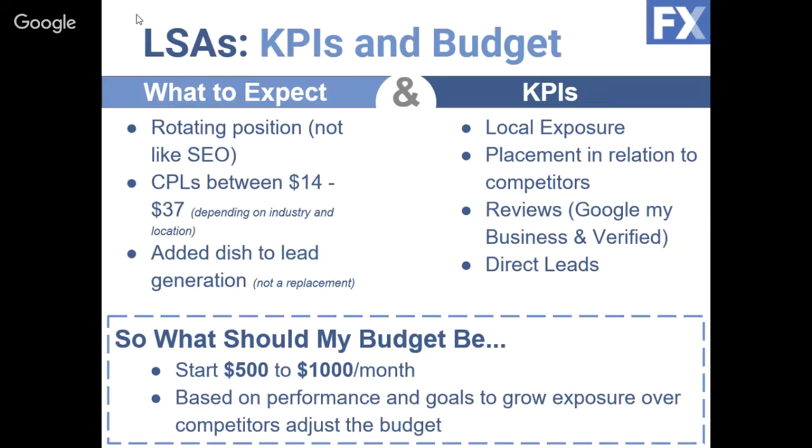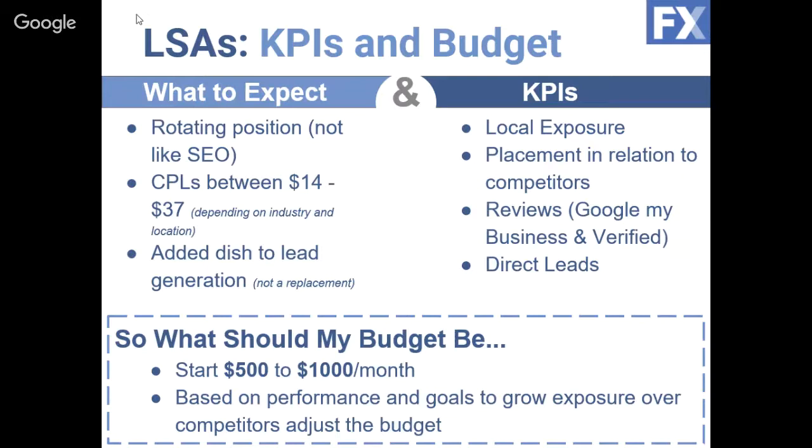But since then, something we'll jump into in just a few slides is how prevalent local service ads already are with consumers, and how important they already are to the lead generation process. So now, just in 12 months, this service from Google has gone from, hey, let's test it out and see what we can do, to, hey, this needs to be a necessary part of our digital marketing platform.